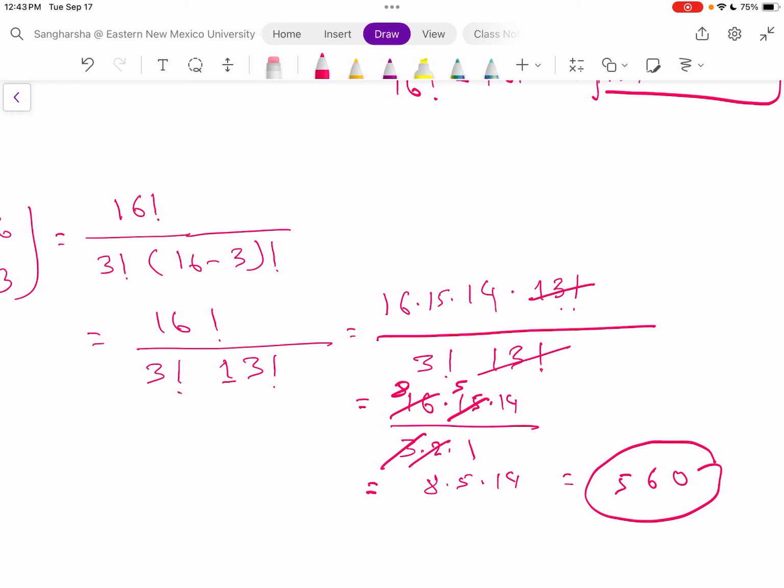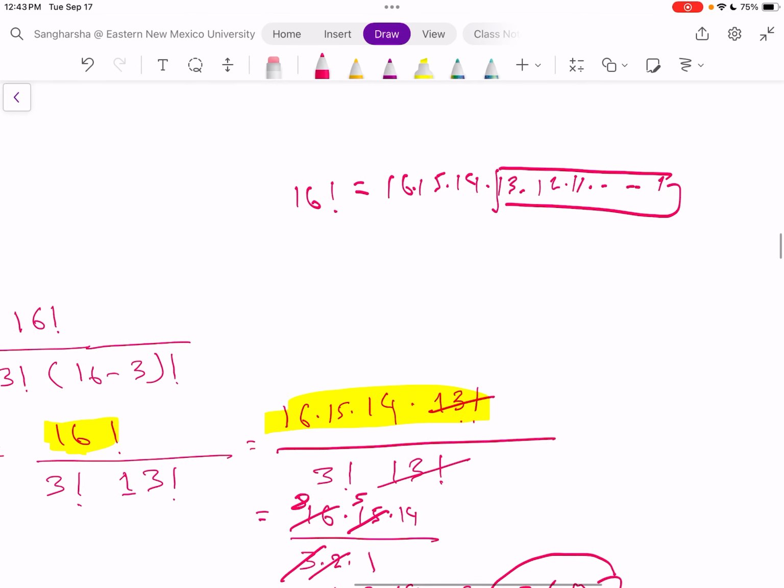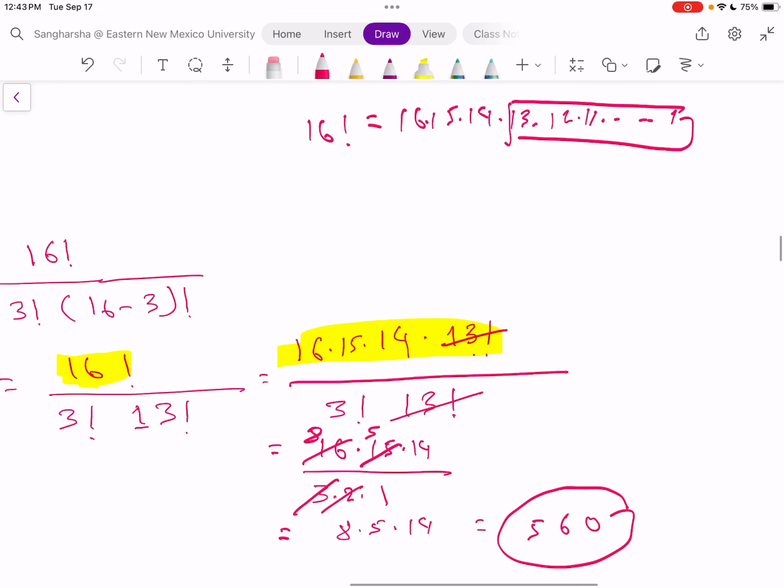Do you have a question here, like how I got from here to here? 16 factorial is multiplying numbers starting from 16 all the way up to 1, right? Now, what is 13 factorial? 13 factorial is 13 times 12 times 11 times 10 all the way up to 1.